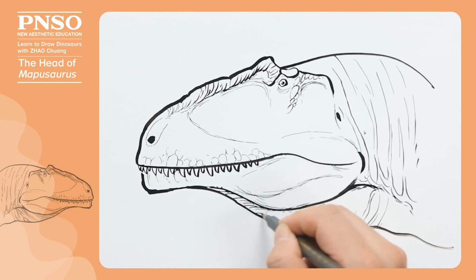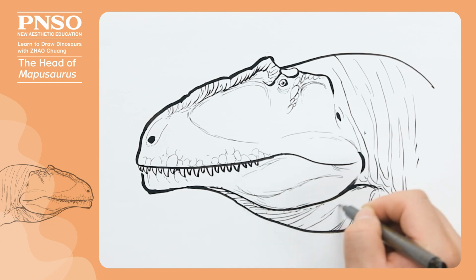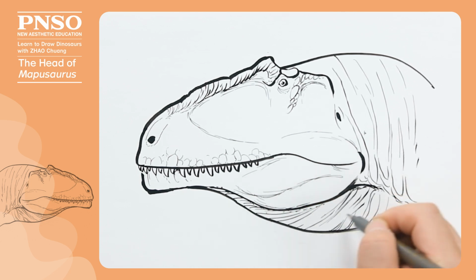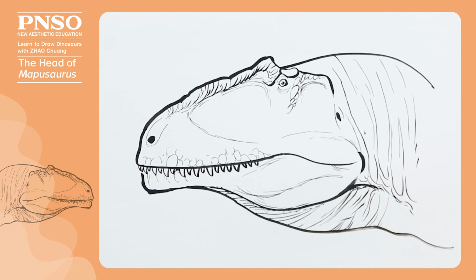Then, draw some shading below the neck. In this way, we've finished drawing the head of Mapusaurus.